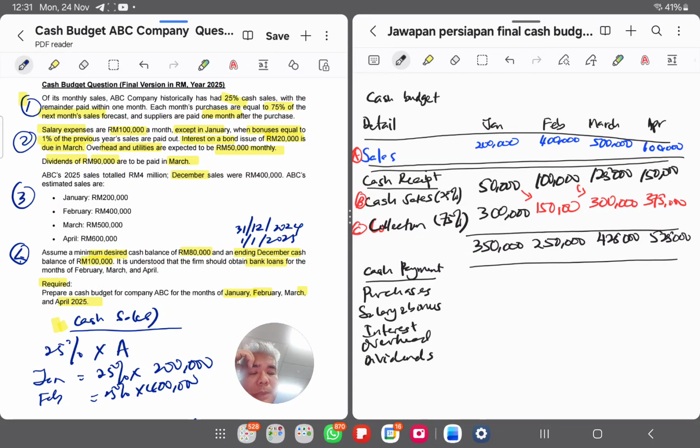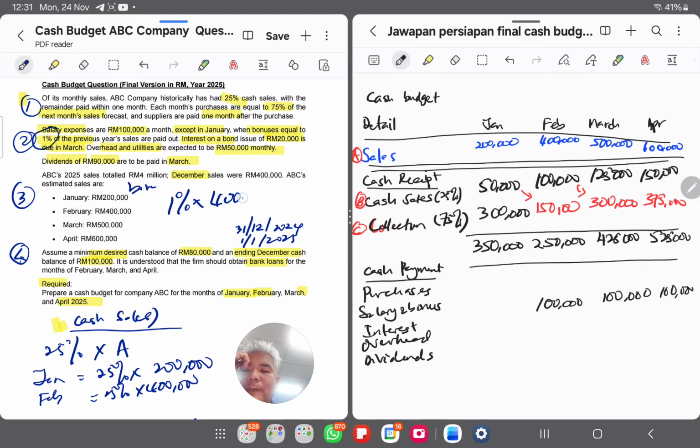Salary is 100,000 per month except January. So you can write 100,000 first. And then for January it is 100,000 plus a 10% bonus, 10% times last month's sales.